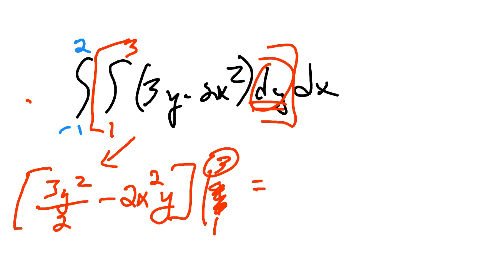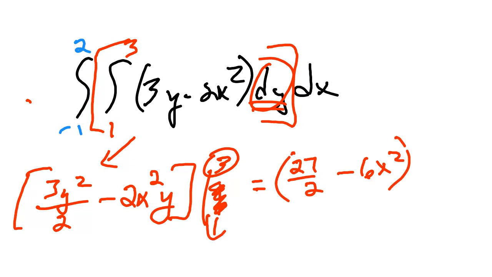We get 3 times y squared is 3 times 9 is 27 halves, minus y is 3, so that'd be minus 6x squared, right? So there's nothing to plug in for the x. And then minus, I'm going to plug in the 1 here, and I get, for y, 3 halves minus 2x squared.